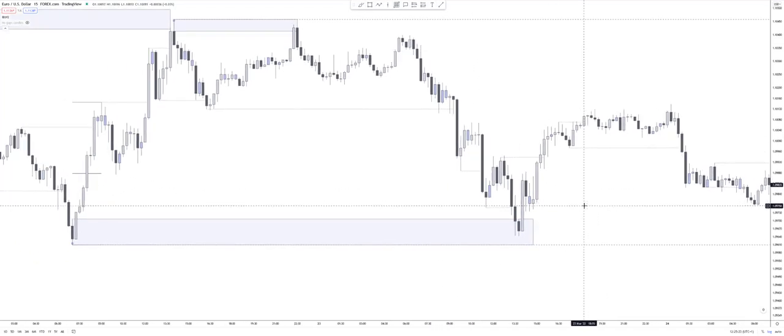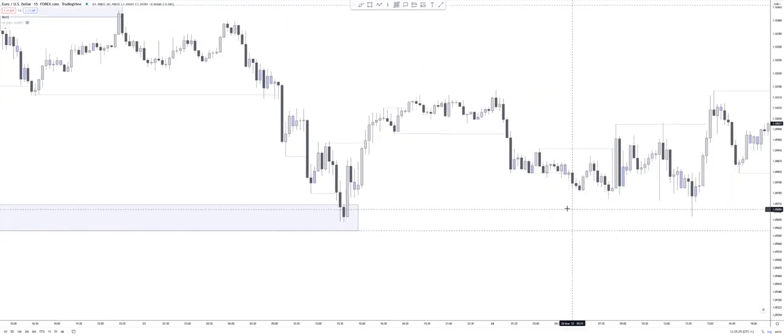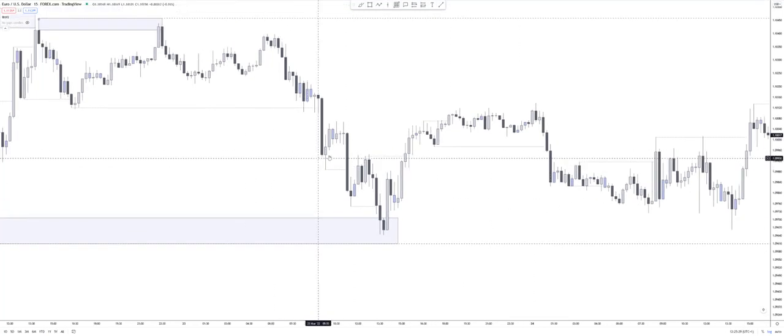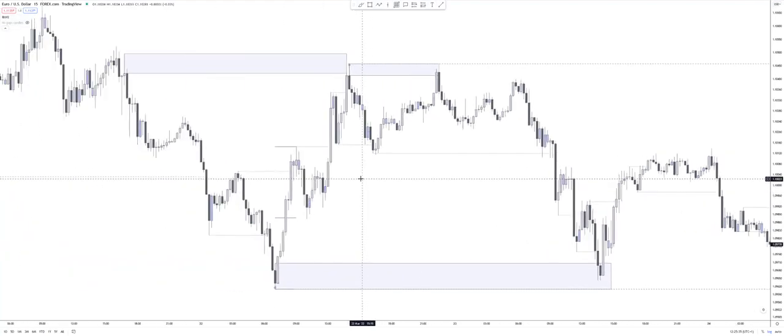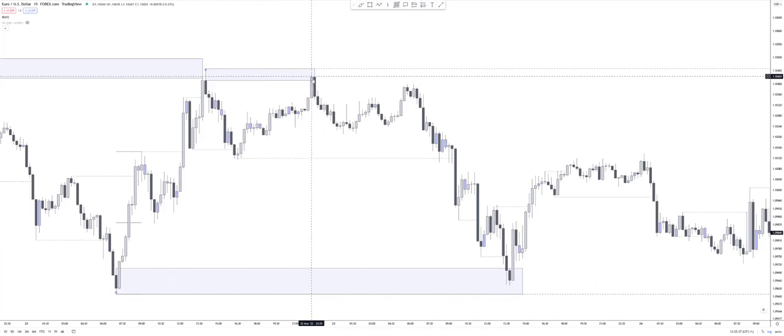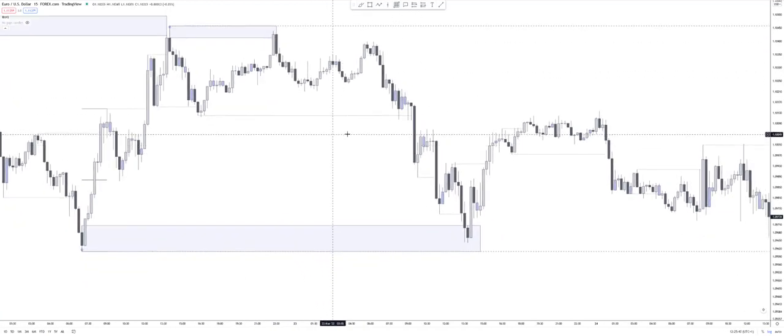Sorry, it would be on a bullish candle for a demand zone. So for example, if there was a break of structure here, this wick here would be valid as a demand zone. And that is what gets mitigated right there before price continues to the downside.